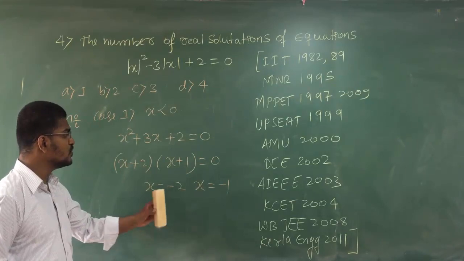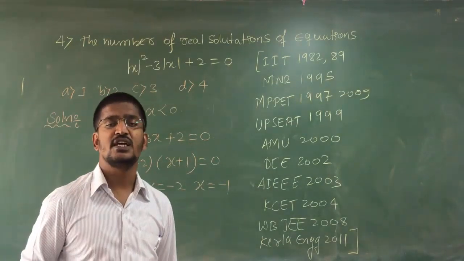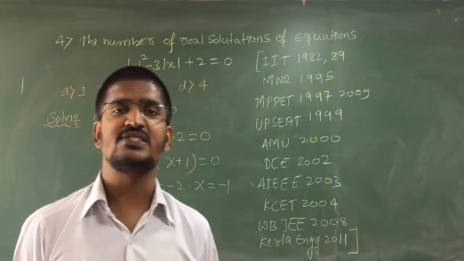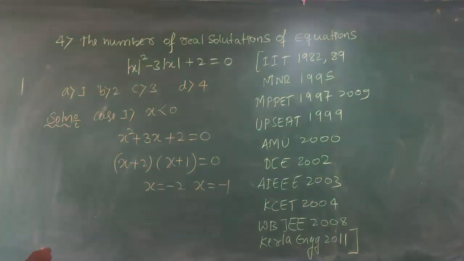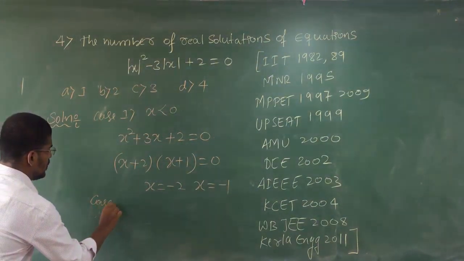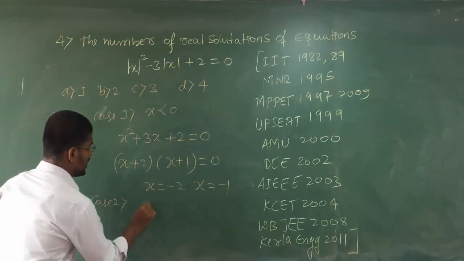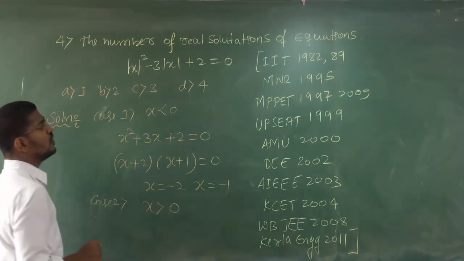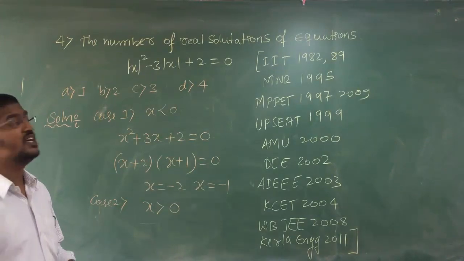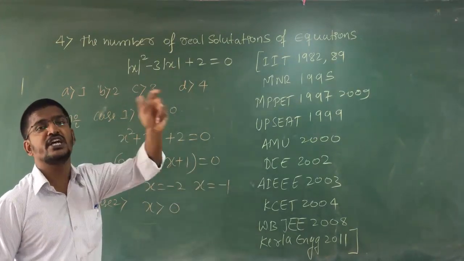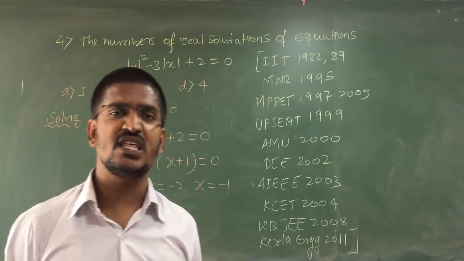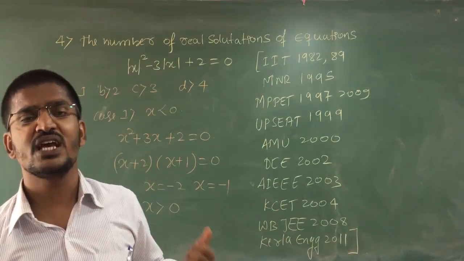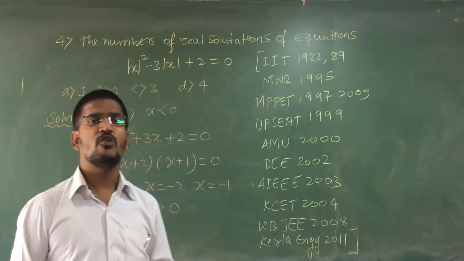I think you got two answers, x = -1 and x = -2, for case 1. Then what for case 2? Case 2, whenever x is greater than 0. Because mod has two terms: whenever x is lesser than 0, it is negative, and whenever x is greater than 0, it is positive.